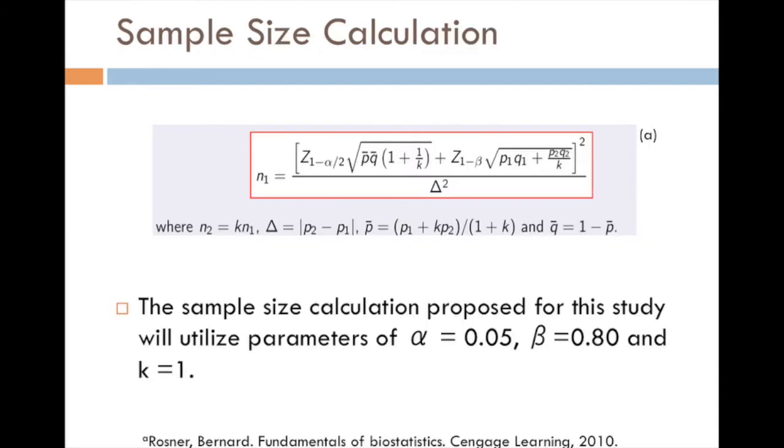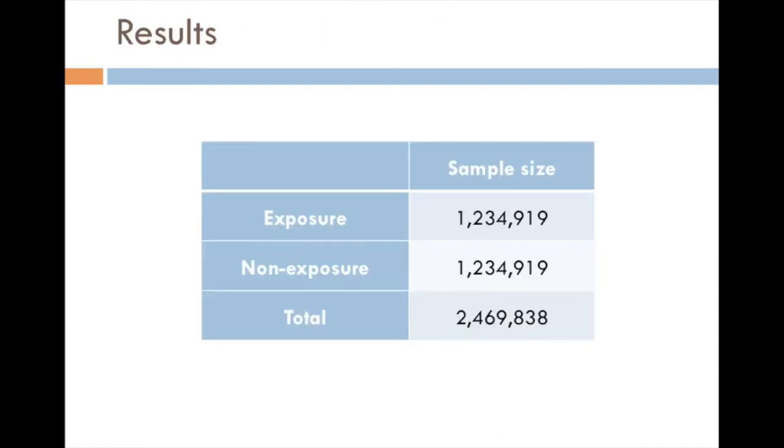We utilize parameters of alpha equal to 0.05 and beta equal to 80, and K, the ratio of exposed to unexposed, equal to 1 to get our sample size. The sample size calculated from the previous equation is shown here. 1.2 million participants will be required for each group, totaling roughly 2.5 million.